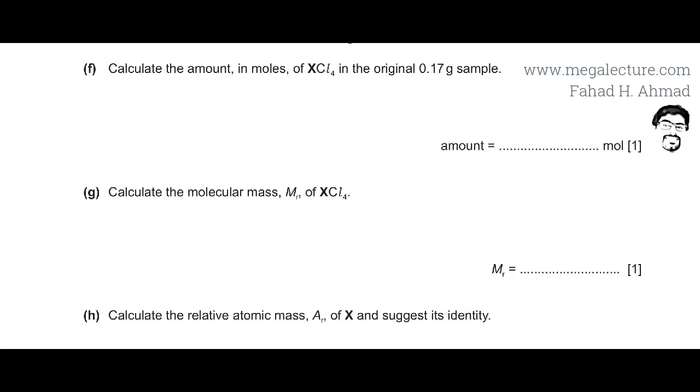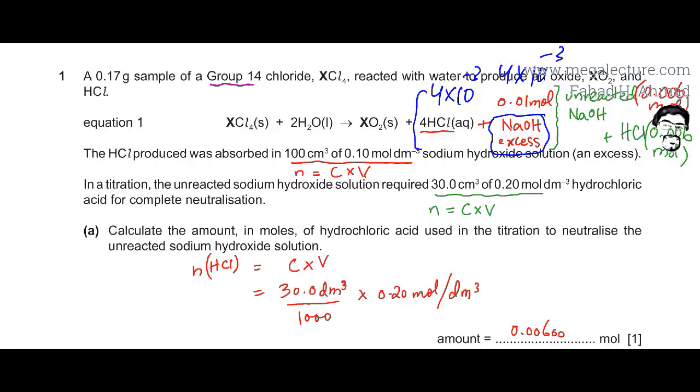And in the next part, part F, you now need to calculate the amount in moles of HCl4 in the original sample. So let's go back to our reaction, and we have reached this part. We figured out that the amount of moles of HCl is now known, it's 4 times 10 to the power minus 3 moles. So using this amount, we can figure out the moles of HCl4. You can notice that the ratio is 4 HCls produced by 1 HCl4.